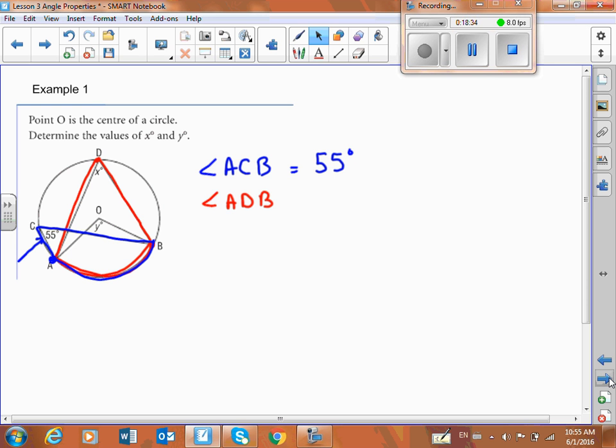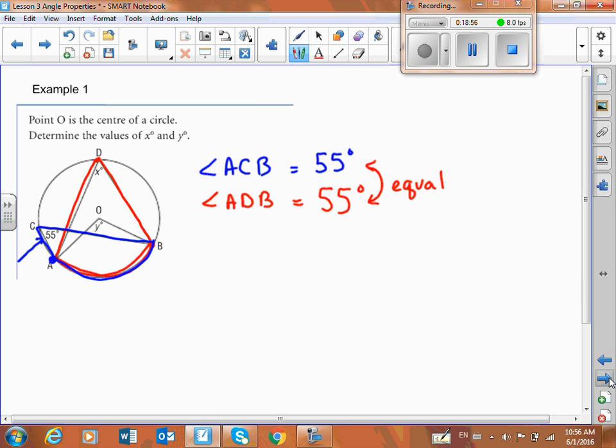So these are inscribed angles. They're not central angles. We'll see that they're not touching the center, so they're touching the outer edge of the circle. We know that angle ADB has to be 55 degrees because these two angles are equal to each other. Okay? All right, let's move on to our y here.